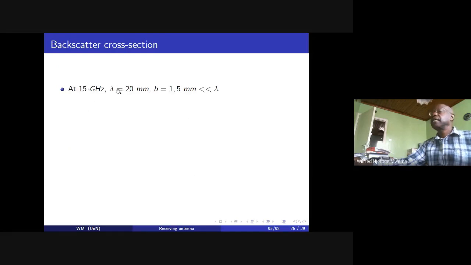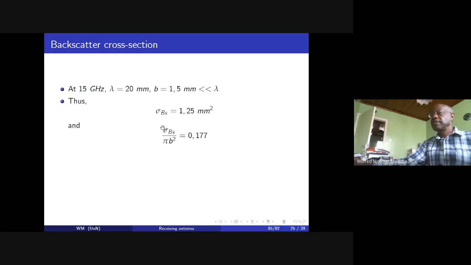So at 15 gigahertz, the wavelength is just going to be about 20 millimeters, and the radius is about 1.5 millimeter. And this gives us a value of much smaller than lambda. That is, if we take that over that, we'll see that this one is more than 20 times smaller than the wavelength, and therefore we can use our electrical engineering intuition, or fingertip feelings, that it can always be ignored.